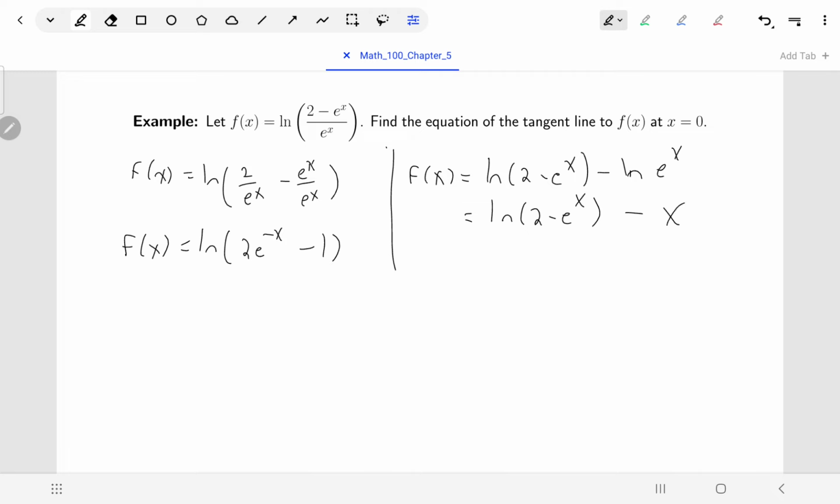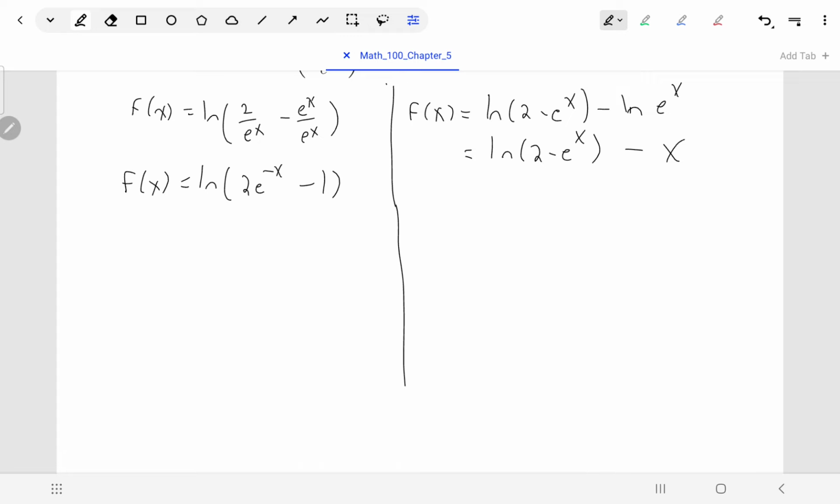And you could differentiate whichever one of these you please. You're going to find that they wind up getting you two equivalent derivatives. So even though these functions look different, either way you're going to wind up finding that f prime for this function and f prime for this function are equivalent. Here I'll show you this for both of them.